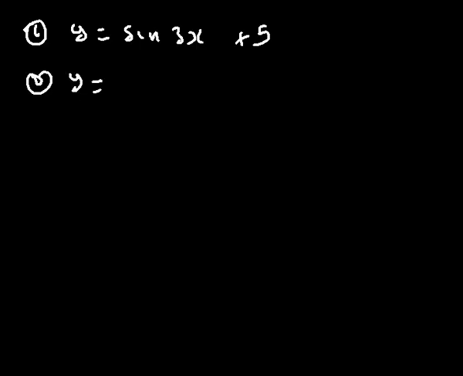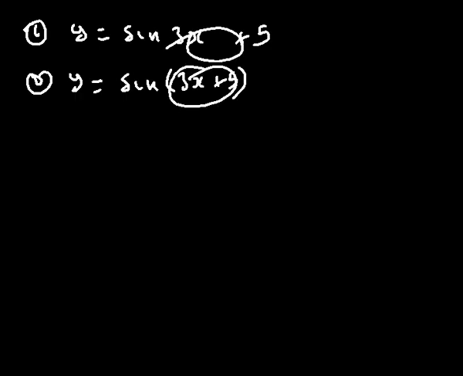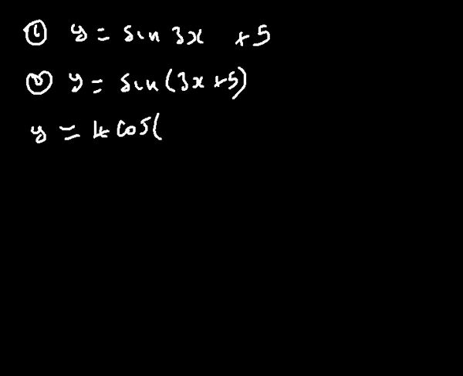What if we have sine 3x plus 5? So this one is different. And what if we have, let's say, y is equal to 4 cos 2x divided by pi minus 4? How should you have that one?